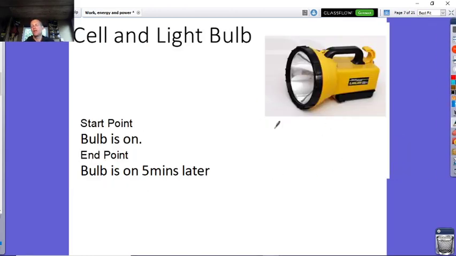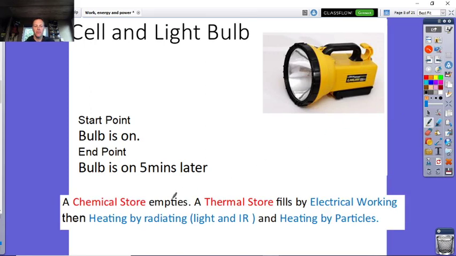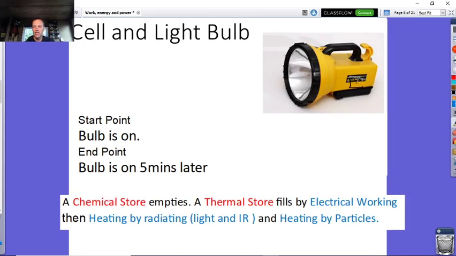This one could be based on a nice big torch here. Now the start point, the bulb is on. Very excitingly, 5 minutes later, the bulb is still on. Now, what are we on about here? Well, first of all, you've got your batteries inside here. Therefore, you start off with a chemical store.